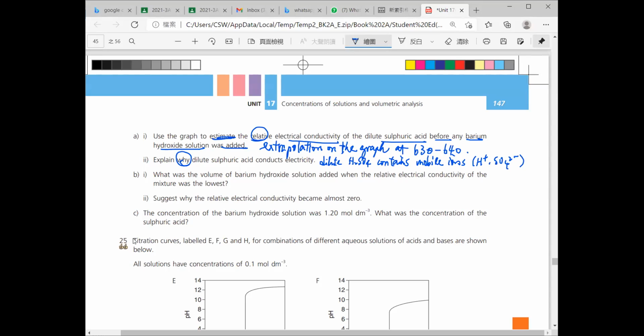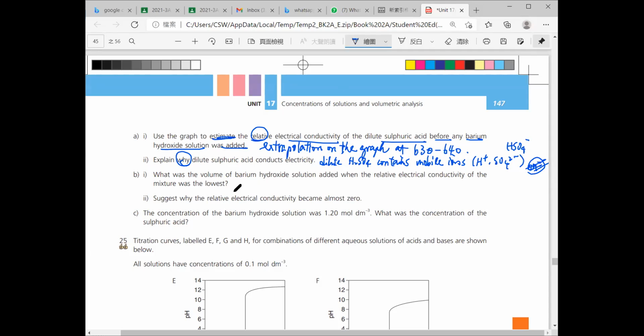Of course, in between them, you should have some other ions, like hydrogen sulfate or even hydroxide, but it is very rare. It's very little. So mainly hydrogen ions, sulfate ions, and hydrogen sulfate ions will be present, responsible mainly for conducting electricity.